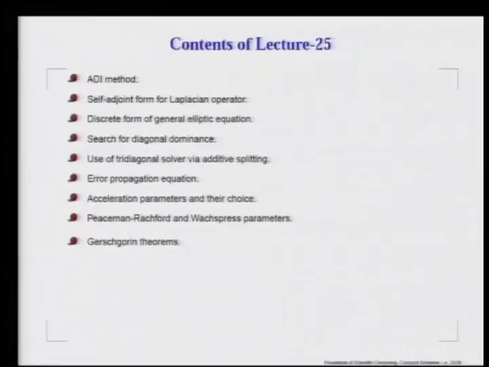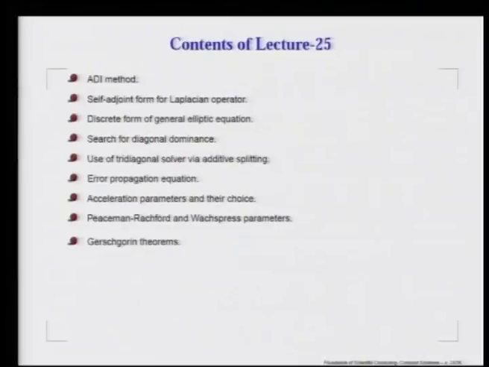In today's lecture number 25, we start our discussion on the alternating direction implicit method, and we talk about a general elliptic equation which could represent either the Laplace's equation, the Poisson equation, or the Helmholtz equation.